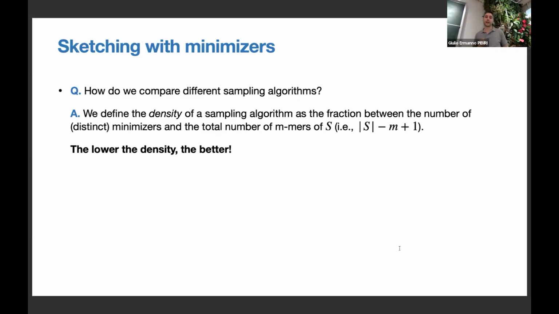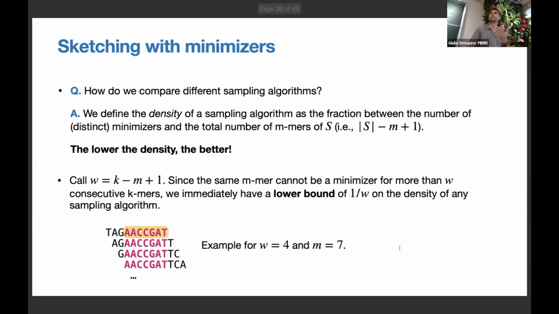So I define the density of a sampling scheme as the fraction between the distinct minimizers selected out of the total number of m-mers that I have in my sequence. If this ratio is small, then my scheme is good. Of course, the lower the density, the better my sampling algorithm. So we seek a minimizer algorithm with low density.